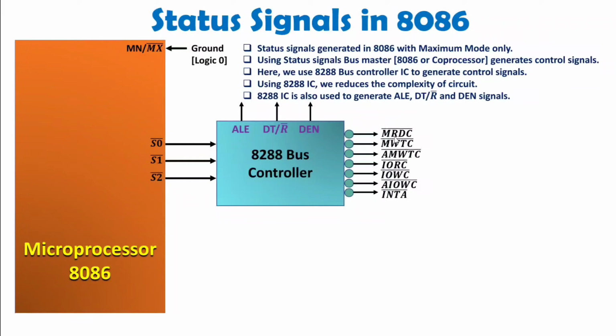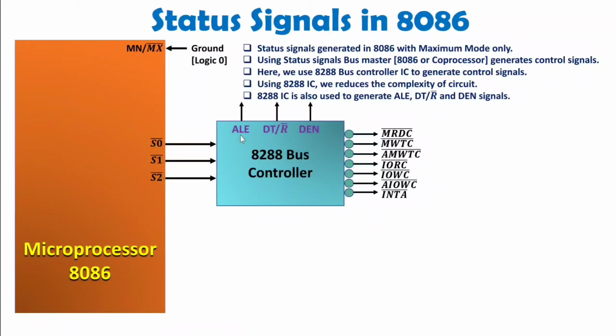And here control signals will be there like memory read, memory write, advanced memory read, IO read, IO write, advanced IO write and INTA bar, right? Means interrupt acknowledgement. So my dear students, these are the control signals that are generated by this bus controller using status, and here you will also observe it provides address latch enable, DT/R bar and data enable lines, right?